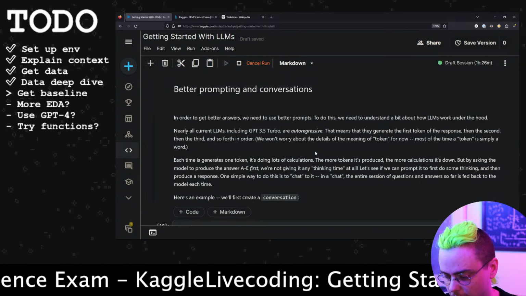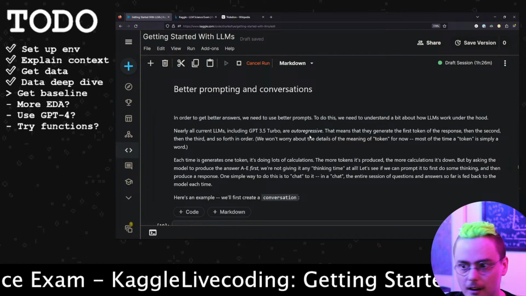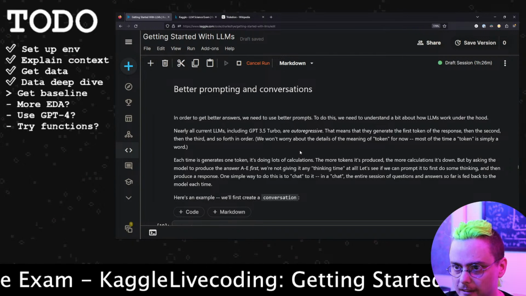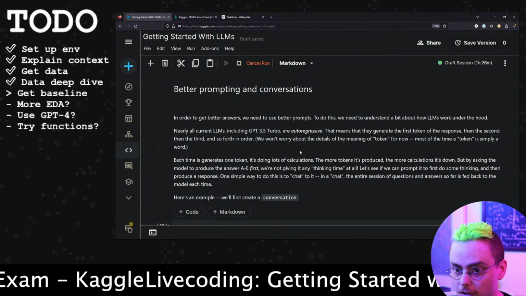There's a couple of different things here. One is if the model generates a bad token at the beginning, it's often going to get stuck in a bad situation. So you want to make sure that the first couple things the model generates are good tokens.